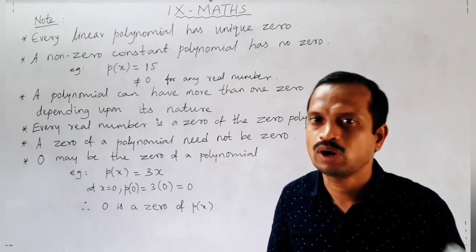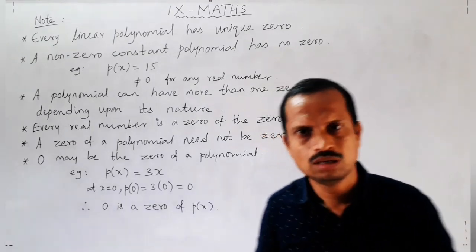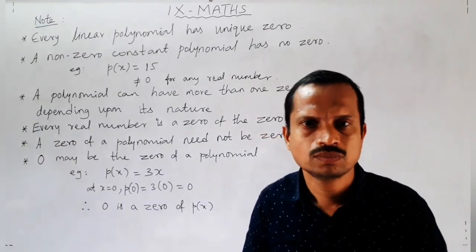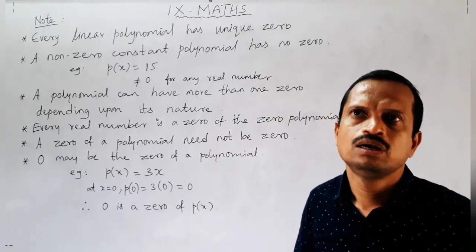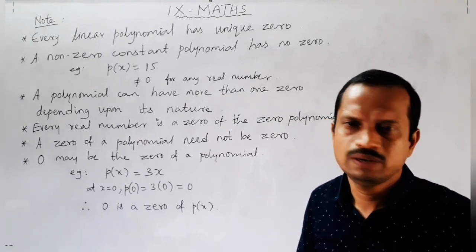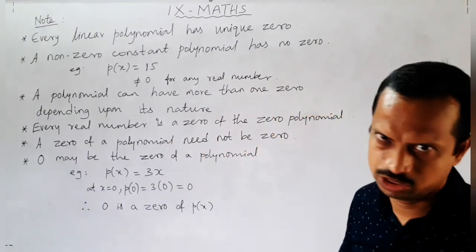Second degree means quadratic. And next, a cubic polynomial, third degree, so 3 zeros will be there, and it proceeds in that way. Generally we can say a polynomial can have more than one zero depending upon its nature.